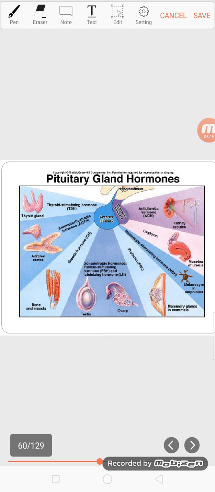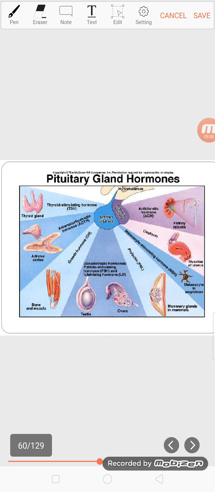The purple color is the posterior pituitary. Antidiuretic hormone, ADH, or another name, vasopressin, is secreted by the posterior pituitary. When present in the blood, it will travel to the kidney and cause the kidney to do its action.